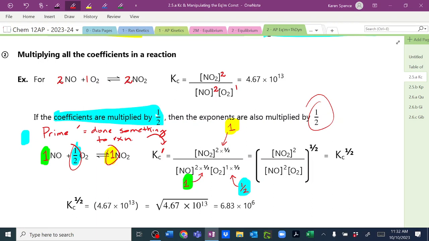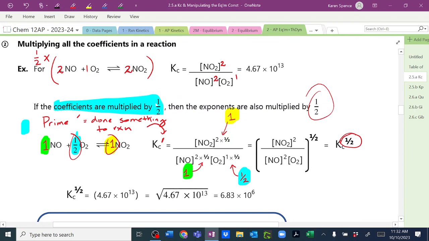So you don't need to actually show all of this work, you just need to know that if you multiply the coefficients by 1/2, then you are going to raise Kc to the 1/2. Yeah? And so you say, okay, I've been given a value for Kc, so I'm going to raise it to the, oops, this should say 1/2.